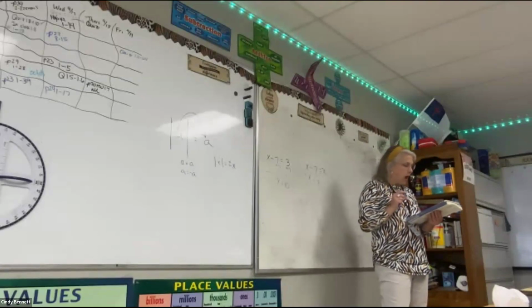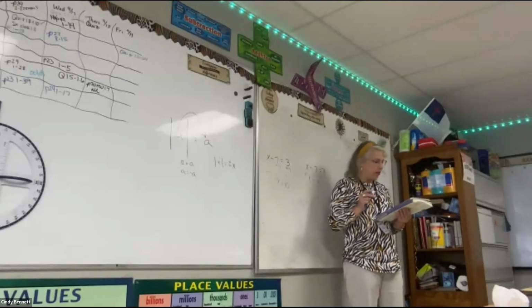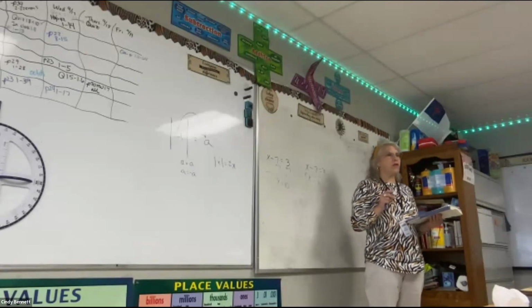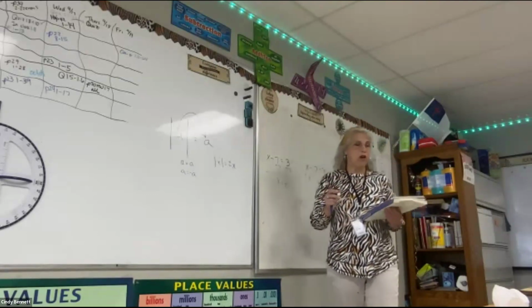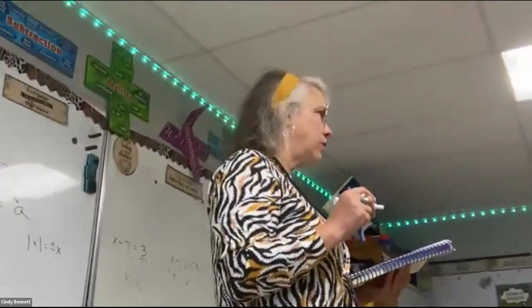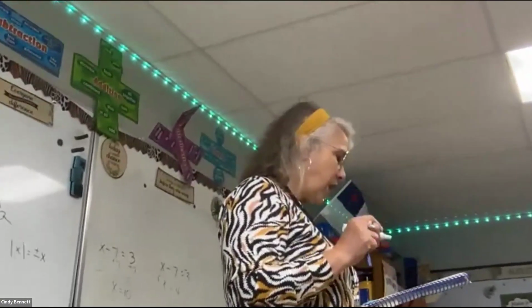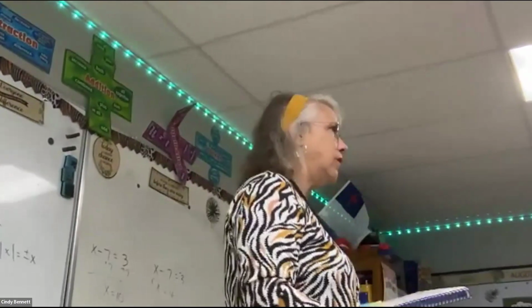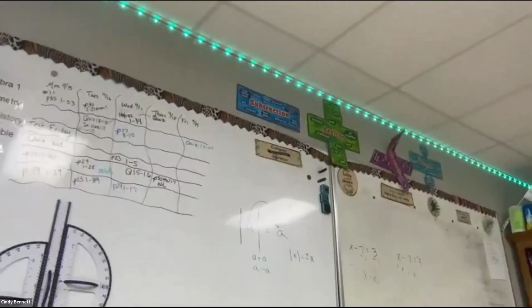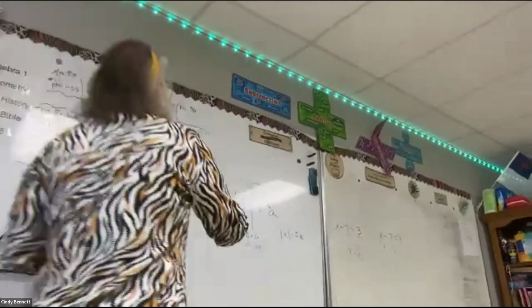All right, so now we have the list of the rules in the process. Isolating the absolute value expression. So that's the first thing you want to do. Like when we solved the equations before, we said isolate the x or isolate the variable. In this case, we're going to isolate the absolute value expression.